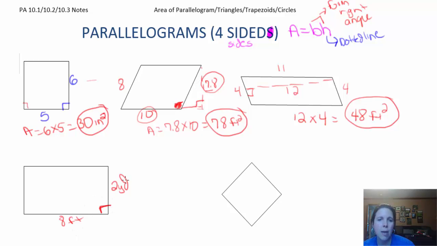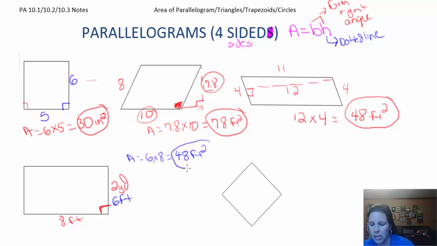So let's make this yards into feet. How many feet are in 1 yard? 3. So this is actually going to be 6 feet on this side. So now the area is 6 times 8, which is 48 feet squared.